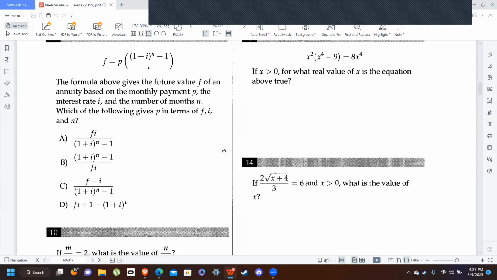Just look at what it's asking. Look at the equation. You're asking which of the following gives P. All right. So what we could do is just divide both sides by P, which will make one side with F over P in it. Let's.